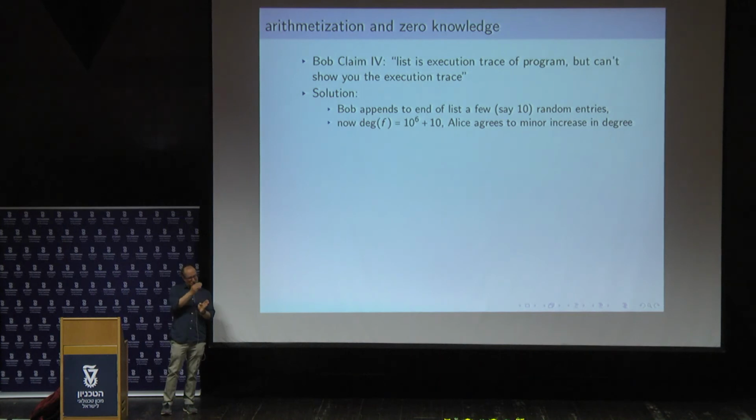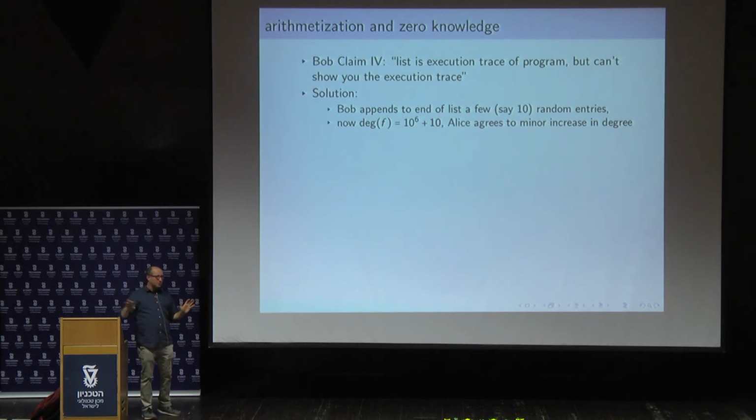Now, this allows Bob to start with his execution trace and append to it 10 random numbers, completely random numbers. And the funny thing about polynomials is that no matter what you write in the first 1,000,000 entries, if you add 10 random numbers, and then Alice comes around and reads any 9 numbers from later on, she will see random numbers.